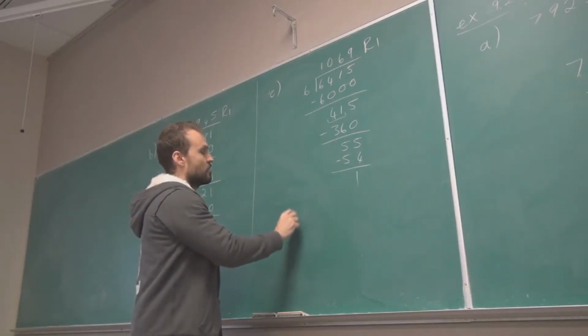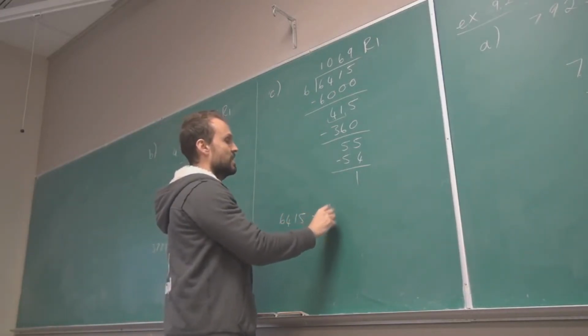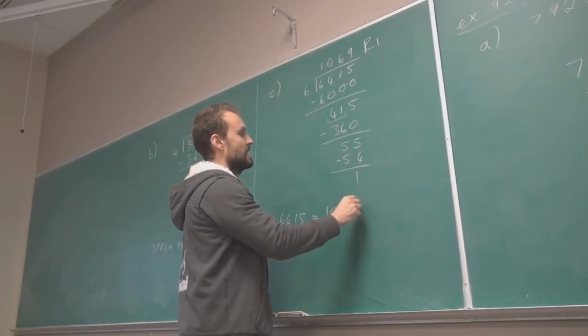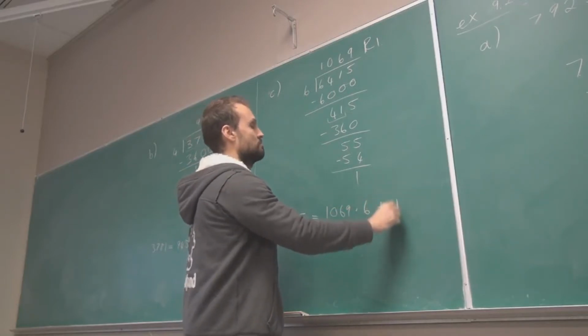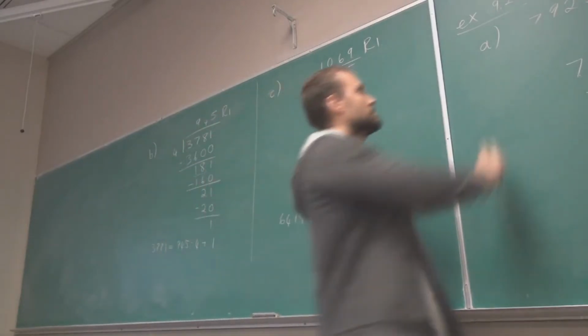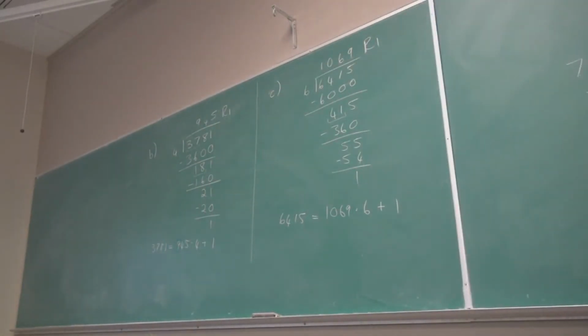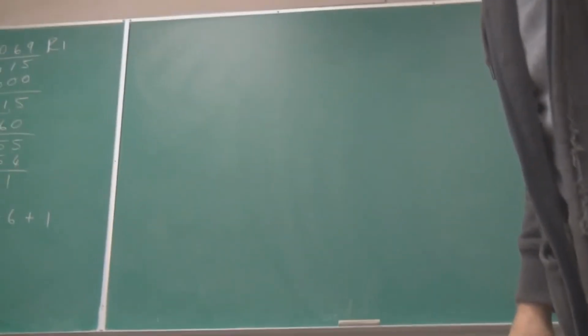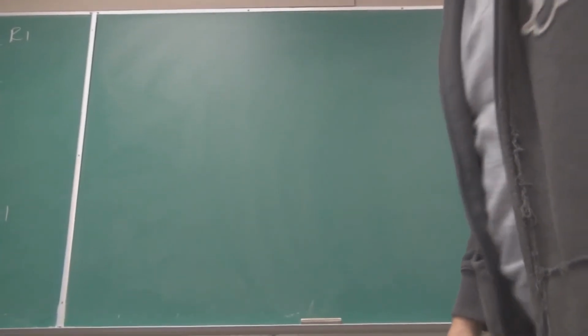So 6415 is 1069 times 6 plus another 1 remainder. So now in general we want to be able to say things that don't involve specific numbers. We want to make general statements.